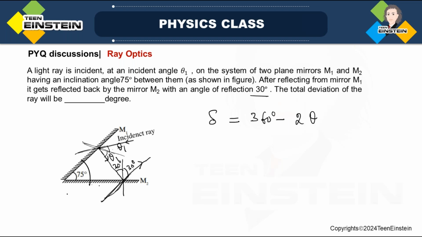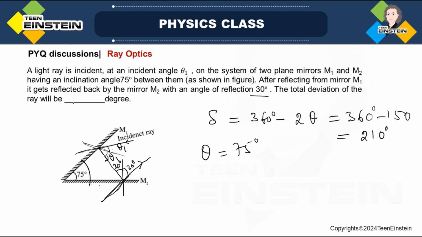Theta is the angle between the mirrors. Here theta is 75 degrees, so 2 theta will be 150 degrees, and this will be 210 degrees.